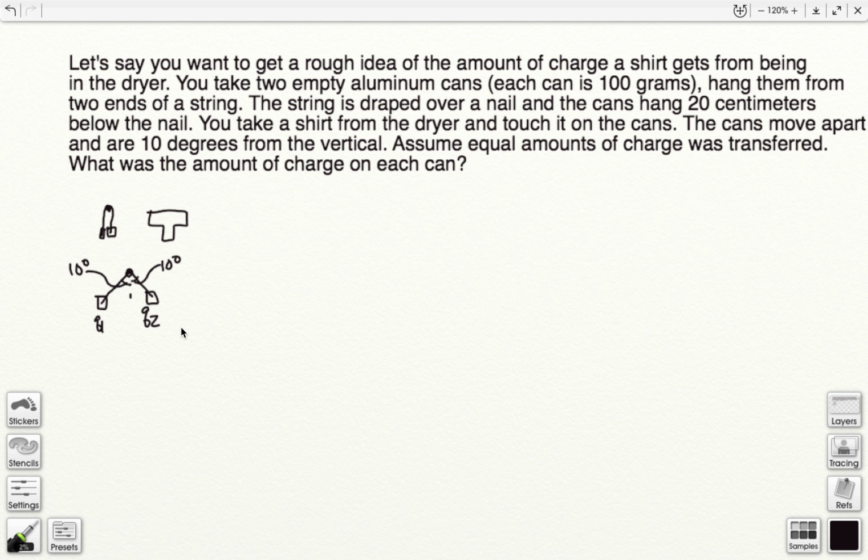So the first step, as in mechanics, is to draw your free body diagram. So I'll draw my cans here.